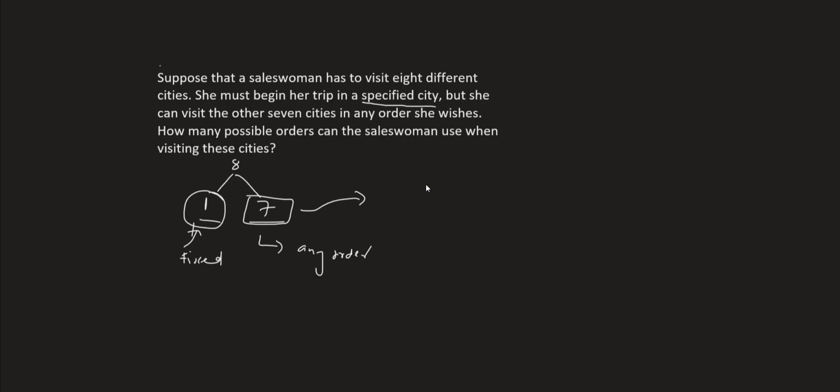So we'll have a permutation expression which is 7P7. That will be equal to 7 factorial divided by 7 minus 7 factorial, which is equal to 7 factorial by 0 factorial.